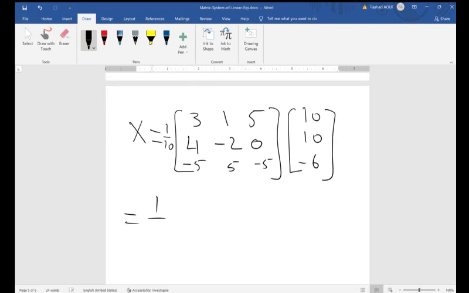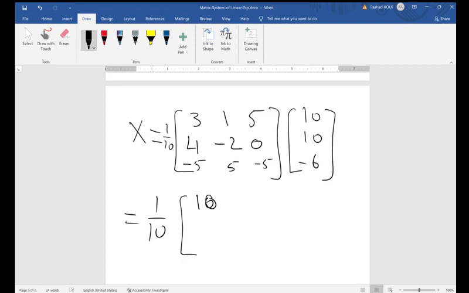So now I multiply them. I leave 1 over 10 outside the matrices. So how to make the product of two matrices? Row times column. 3 times 10, 30, plus 1 times 10, 40, minus 30 will be 10.